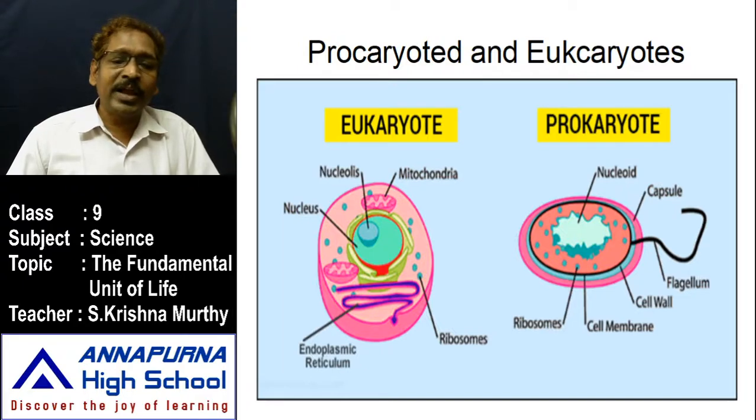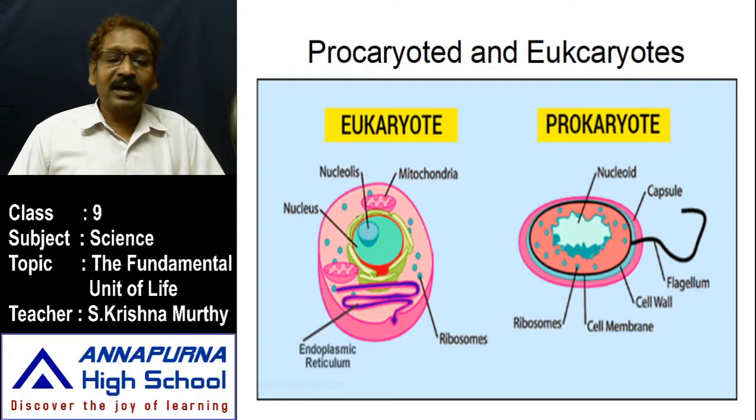But here prokaryote, bacteria for example, blue-green algae is also an example, and another example is cyanobacteria, like that some are there. There is no definite nucleus, and even though a little amount of nuclear material may be present, that is known as nucleoid because there is no prominent membrane around that.